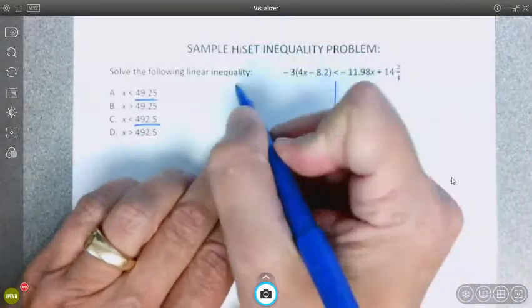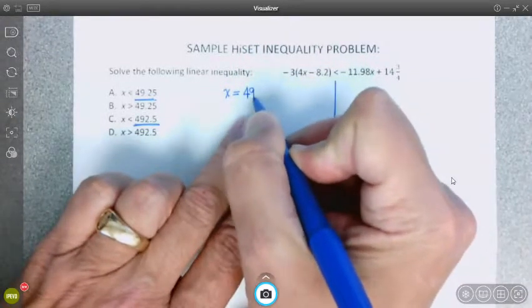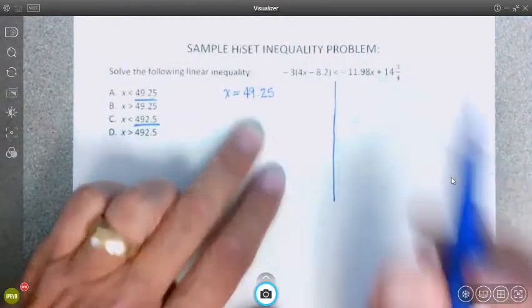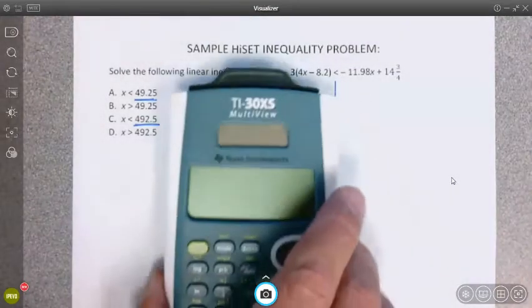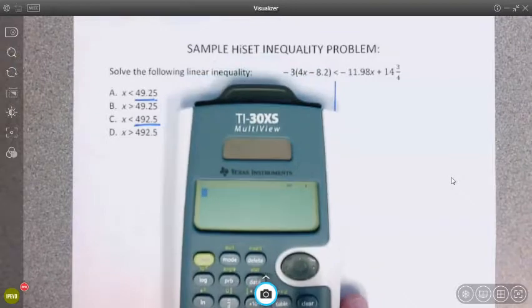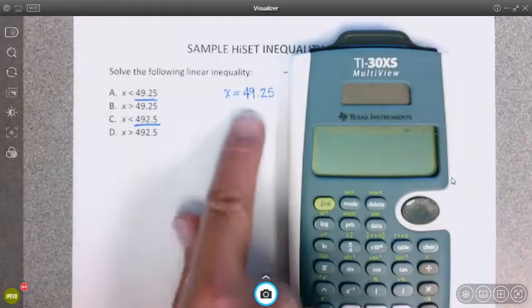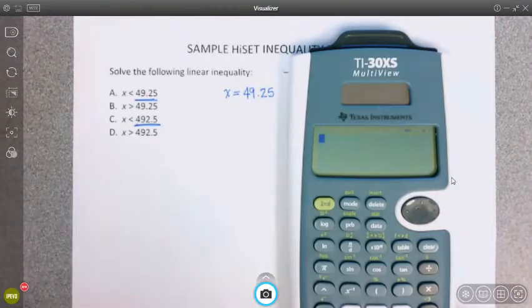So I'm going to start with x equals 49 and 25/100ths, and I'm going to find the value of the left and right hand sides of the inequality at that particular value. So getting my calculator ready, I'm going to turn that on, clear the screen. I'm going to enter, first of all, the value x equals 49 and 25/100ths. We can easily do that by typing it in, 49 and 25/100ths.